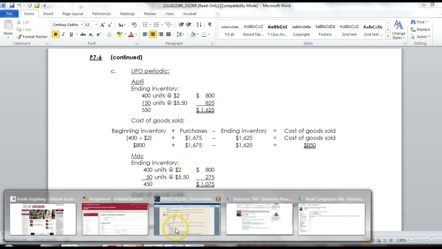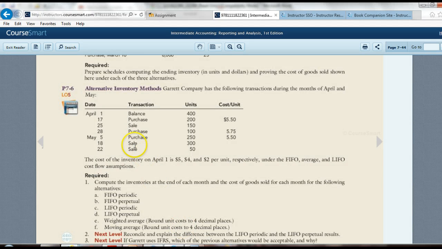Again, it's important to note here that even though on April 28th we have a purchase here of 100, under the periodic we will take that purchase as our first sale for cost of goods sold. So when we sold 150, we'll show 100 of that was at $5.75 and 50 is at the $5.50 purchase.